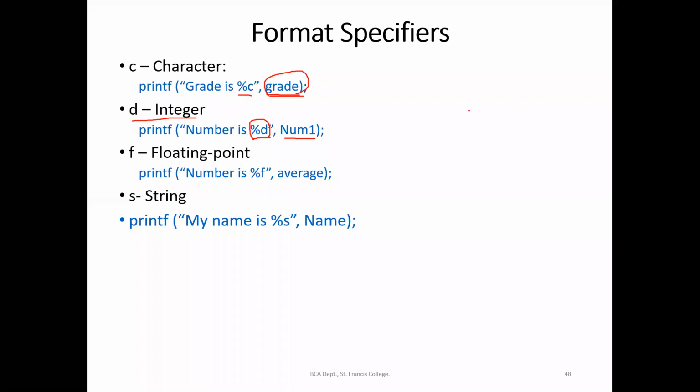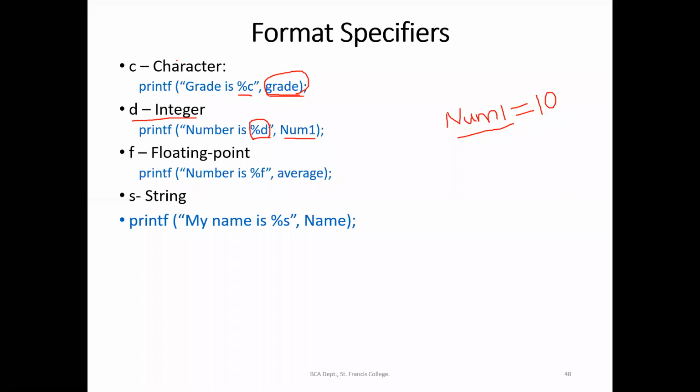So suppose I had assigned num1 as 10, then using this printf statement, it will print number is 10. So instead of %d, it will be printing the value of the variable num1.